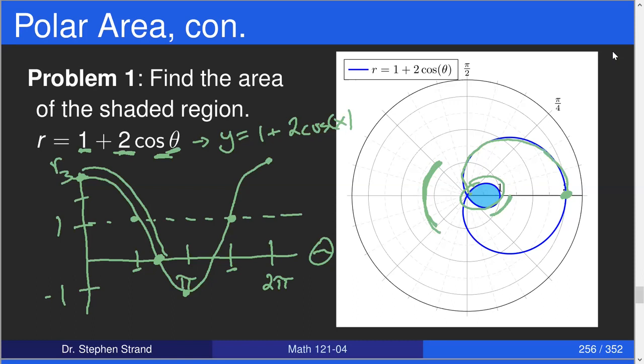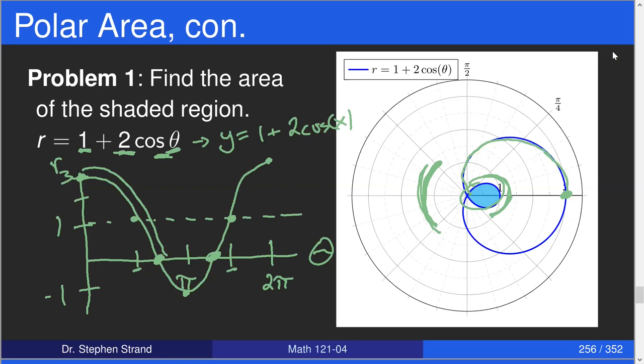So we're going to start here, trace this out, and then because the radius is negative, we're actually going to trace this out. So that's going to correspond to the region that's shaded in this picture, or the bounds between where the graph is negative, it turns out. That's not always the case, but in this particular case it is.